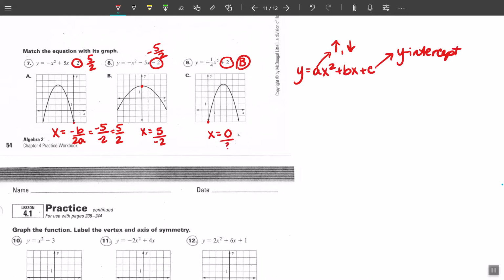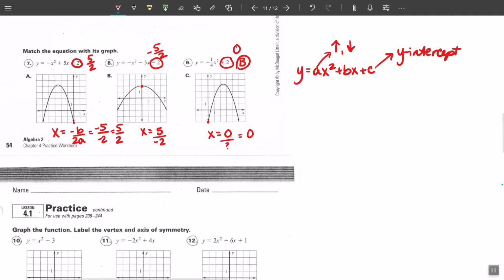It doesn't actually even matter, because in the end we're going to end up with an x coordinate of 0. So our axis in this case is 0, which if we look at B, we can see that's true. The mirrored part of the graph is running down through x equals 0, so we know that we are right about B matching with number 9.